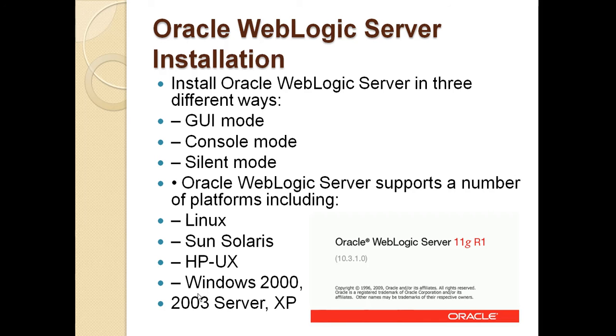We can install WebLogic server on different platforms like Linux, Solaris, HPUX, Windows Server 2000, XP. So this is a diagram where we see the 10.3.1 version of WebLogic server which is going to be installed.